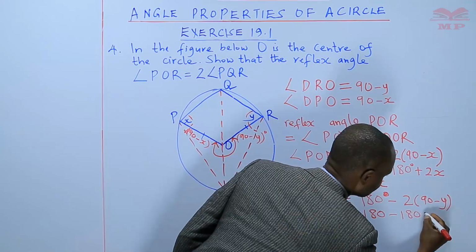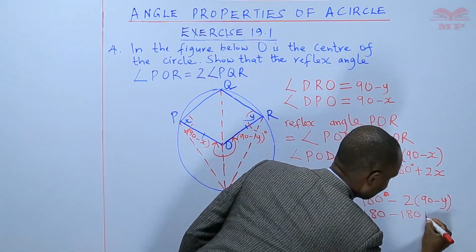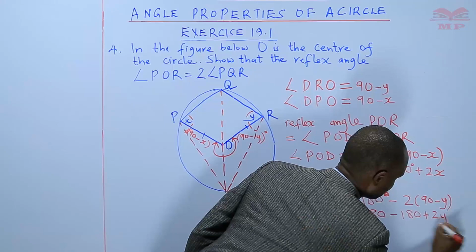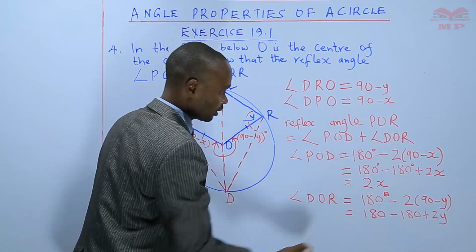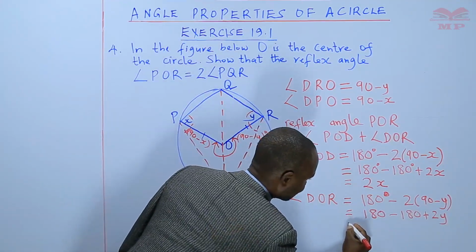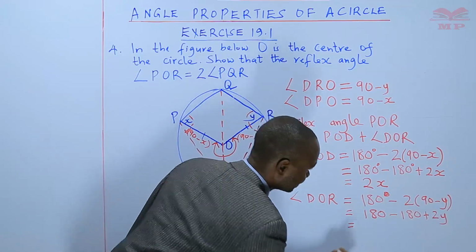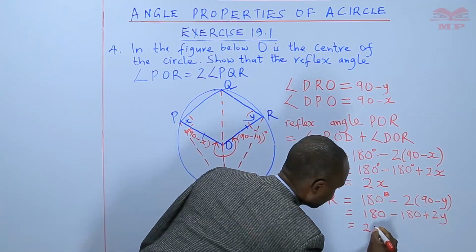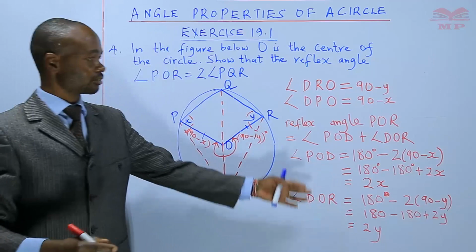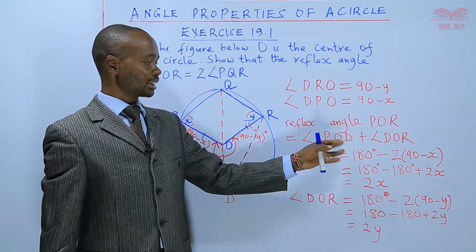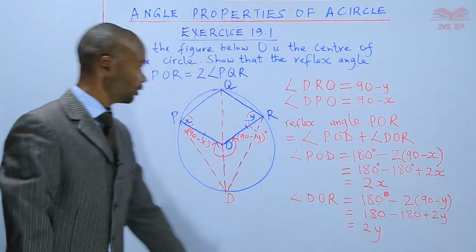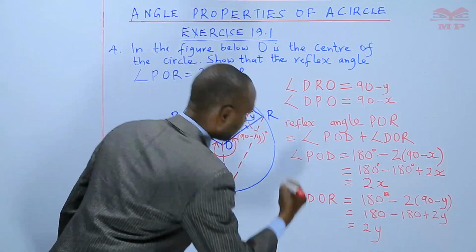So you get which value? Plus 2y. So the value of angle DOR is equal to what? 2y. Having got the values of the two angles, and their sum gives the reflex angle, you'll get now angle POR.